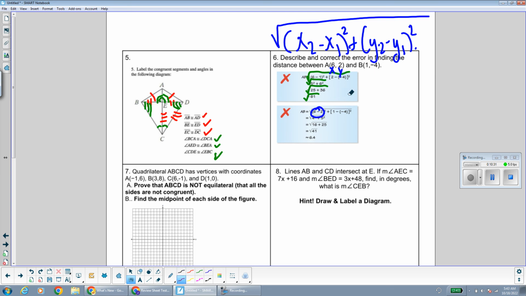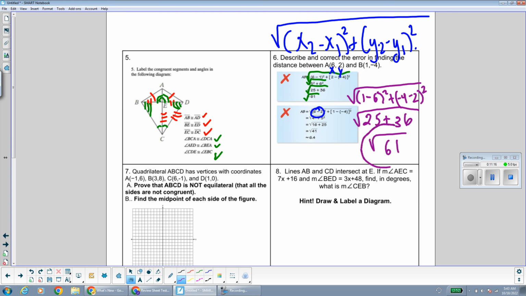To correct the error, I'll use 1 first, x2 minus x1, and y2 minus y1. 1 minus 6 is -5 squared is 25, plus -4 minus 2, which is -6 squared is 36. 36 plus 25 is 61.